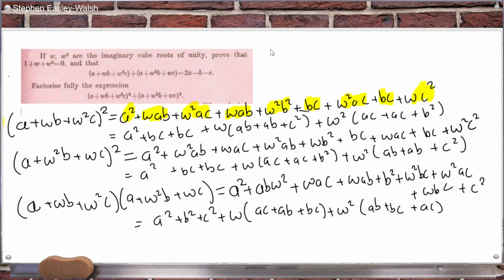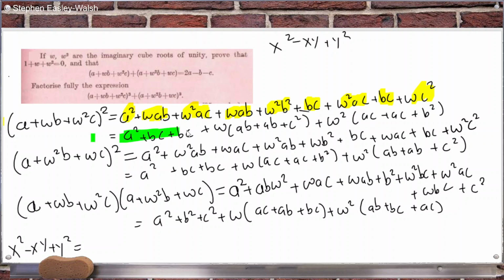Okay, so now we'll need to calculate x squared minus xy plus y squared. So add the first two and subtract the third one. So let me highlight in green what I'm adding.